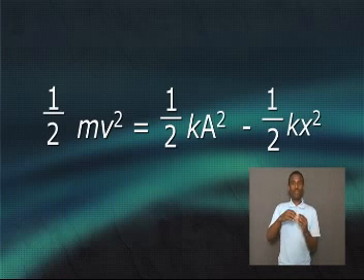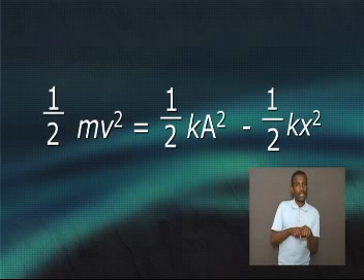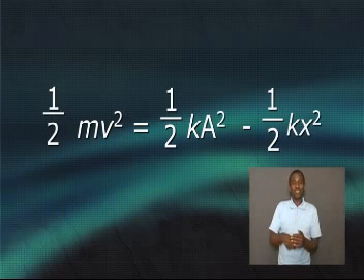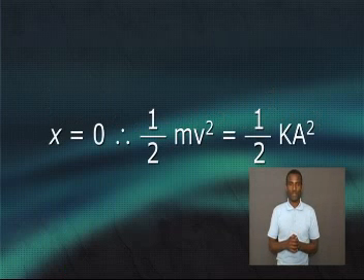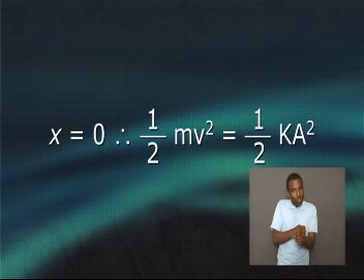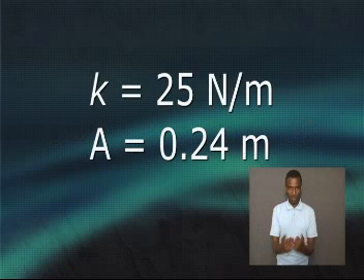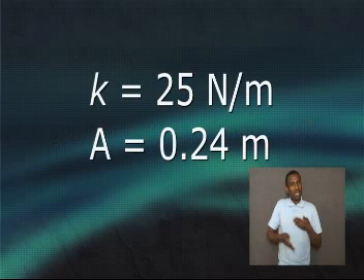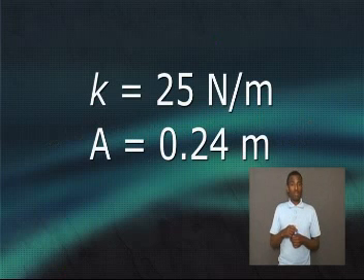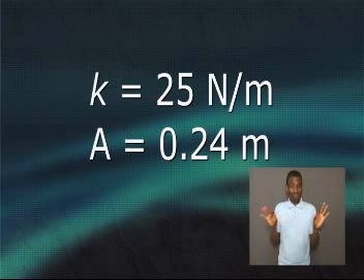In this case, the block is passing through equilibrium. Therefore, the value of x is 0. This means that the kinetic energy is equal to the total energy. Now, we can simply substitute our known values into the equation.